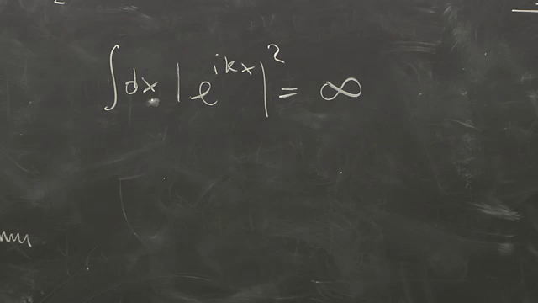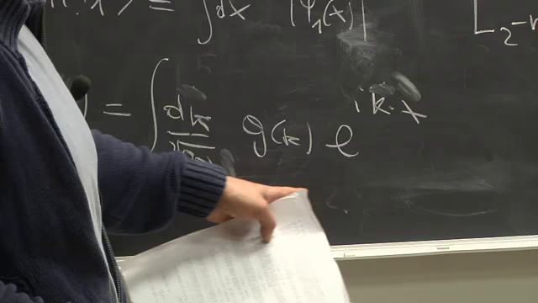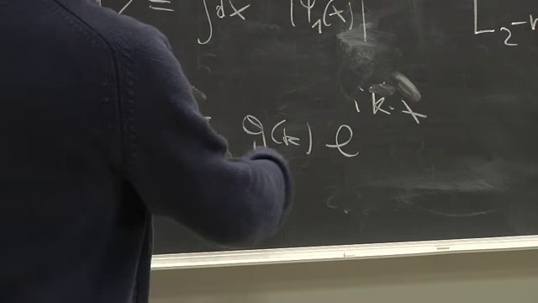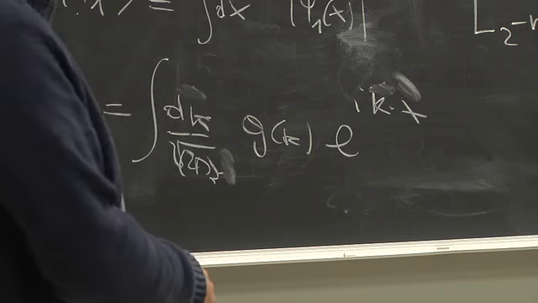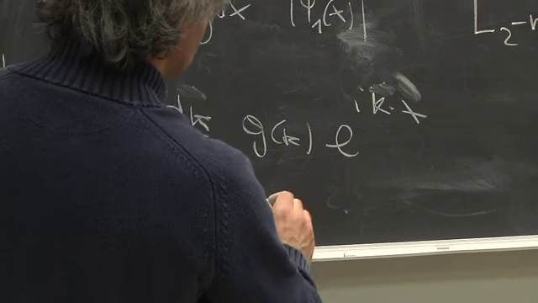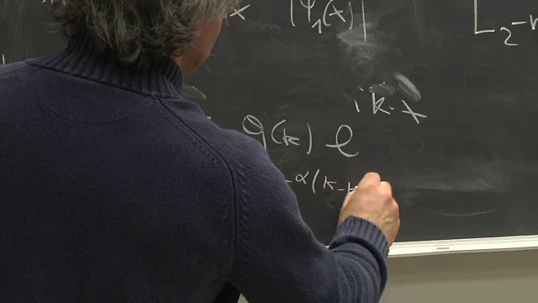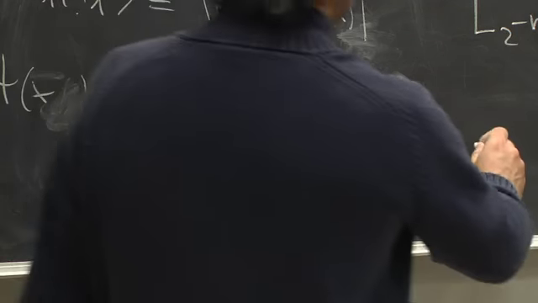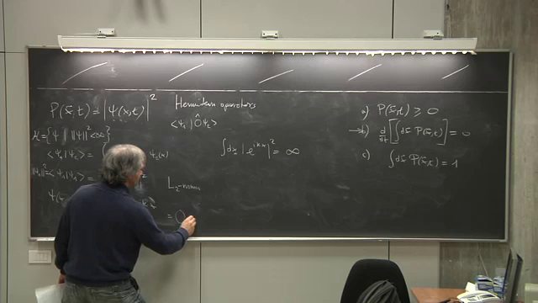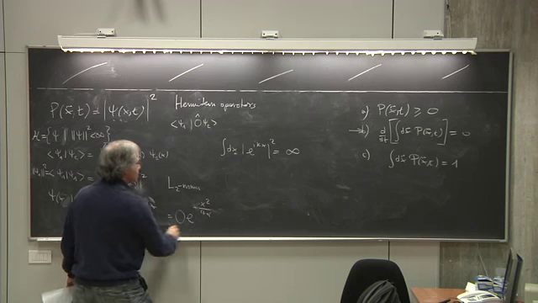On the contrary, if you take this and multiply by some weight function, for instance, let's take our Gaussian. You remember what the result was. If this was a constant times e to the minus alpha (k minus k0) squared, the result was something like a constant times e to the minus x squared divided by 4 alpha times other things.